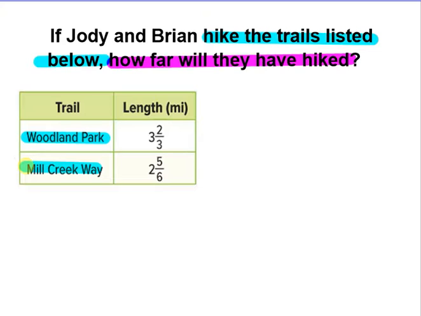If there were 3 trails listed below, I'd highlight all 3. If there were 10 trails listed below, I'd highlight all 10. Either way, it seems like all of the trails listed below need to be combined together in some fashion. Okay? So again, I have some mixed numbers here. And so that tells me that I need to make a WF chart.